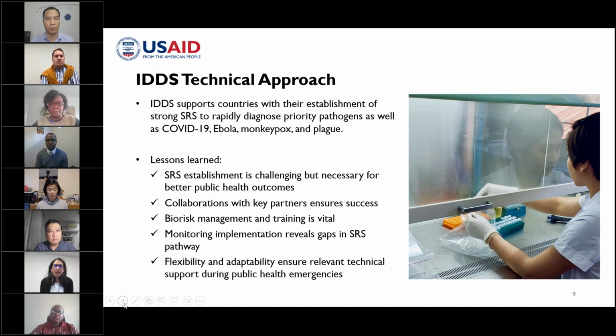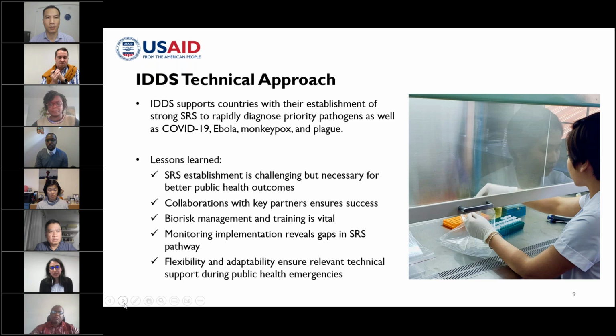As one of the early implementing partners of USAID's emergency response to the COVID-19 outbreak, IDDS provided rapid response to strengthen COVID-19 specimen referral systems in several countries. We applied all of the aforementioned activities to establish these SRSs, but in addition, we focused on designing innovative specimen transport models tailored to the real-time needs on the ground in order to ensure that COVID-19 specimens were properly collected, referred, and shipped to the designated testing facility in each target country.